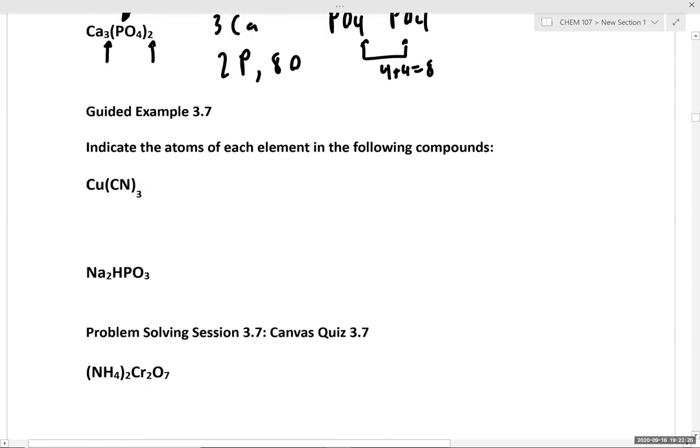So in copper cyanide, I know I have 1 copper, and this 3 subscript applies to everything in the parentheses. So I draw out my 3 cyanide units, and that tells me I have 3 carbons, 1, 2, 3, and I have 3 nitrogens, 1, 2, 3. Does that make sense?